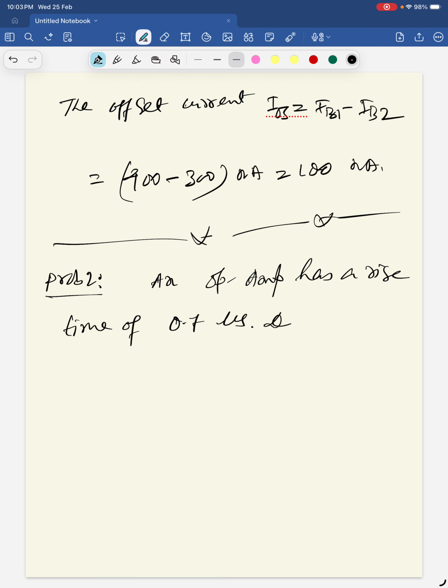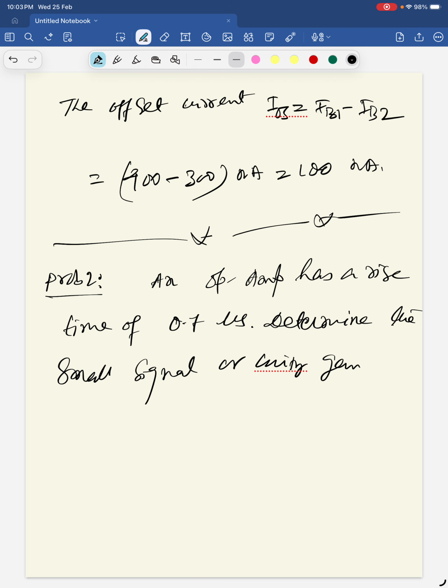Now the question is, determine the small signal or unity gain bandwidth.